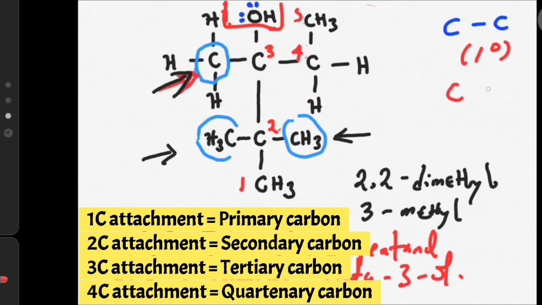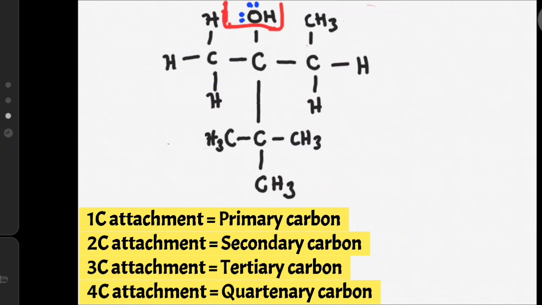If a carbon atom is attached to 2 carbon atoms, we say it is a secondary carbon. If it is attached to 3 different carbons, we say it's tertiary. If it is attached to 4 different carbon atoms, we say it's quaternary.